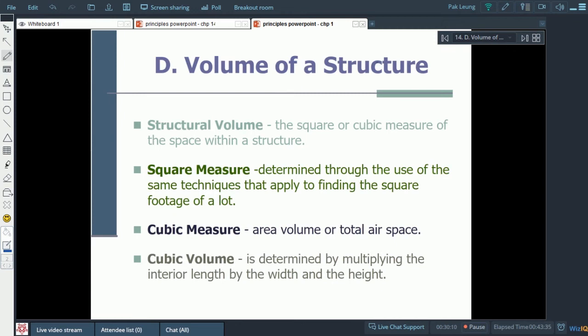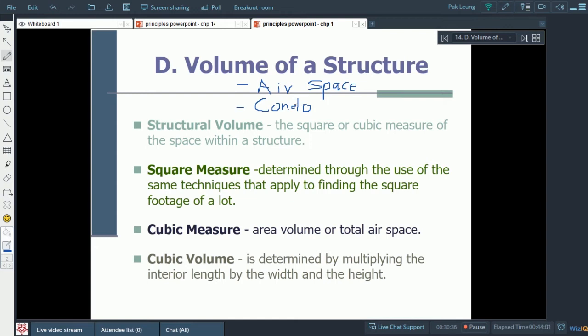Okay, volume of a structure. 这个空间怎么去算？They won't ask you on the test for volume. The only thing, if you see volume, is called airspace. 是空间. Whenever you see the word airspace, what comes into your mind?